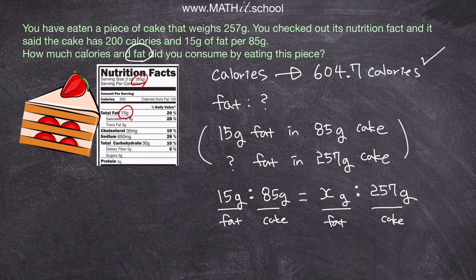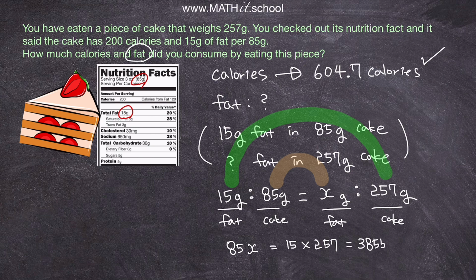As I have already mentioned, I'm going to use the rainbow method, where I multiply the two inner numbers together and set it equal to the multiplication of the two outer numbers. So 85 times x is equal to 15 times 257, and if I use my calculator, I get 3855.